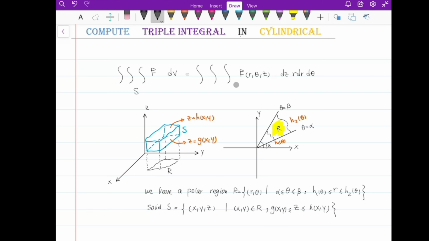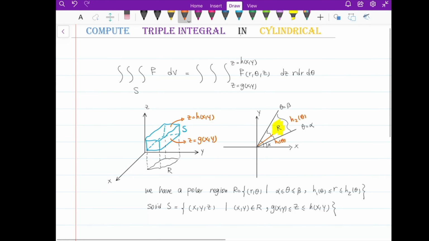Okay, so there would be z from the bottom, which is g of (x, y), and then z for the top would be h of (x, y), and then r. Looking at the graph of R, I'm going to have a ray in here.